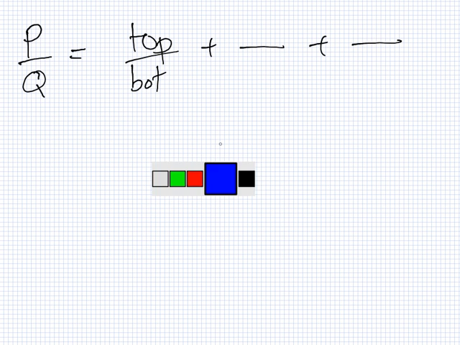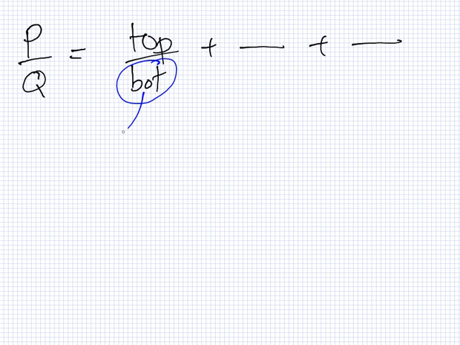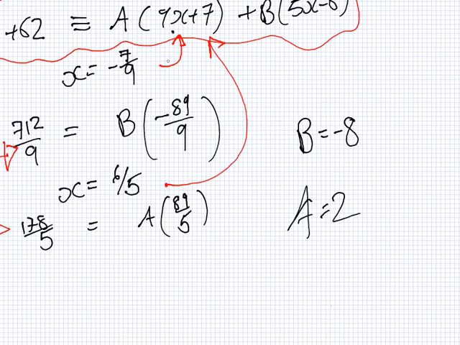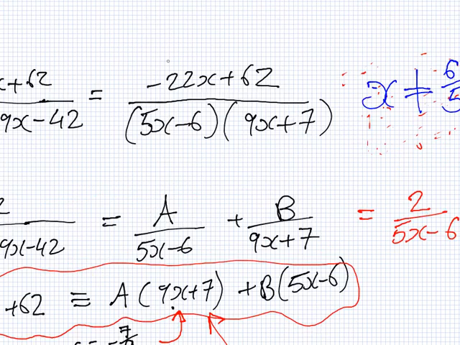You've realized that the bottom here is always a factor of the cube. Like here, the x minus 5. How did I get that? It's a factor. And in the last example, they were factors.